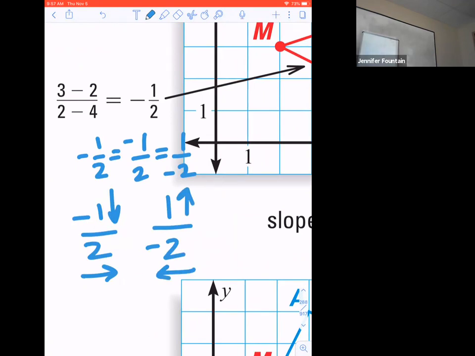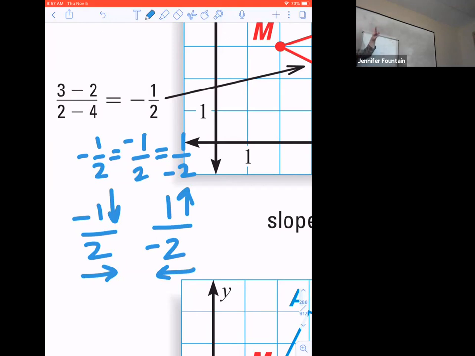So the main thing to remember about a negative slope is that I can only have it in either the numerator or the denominator when I'm calculating my slope. I cannot have it in both, because having it in both means it's positive, because a negative divided by a negative is a positive. All right. So if I have two negatives, I know that it is also equal to a positive slope. But if I've got a negative, I can only put it in one location.